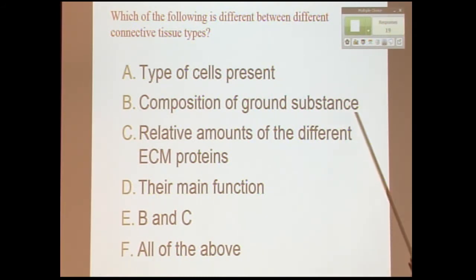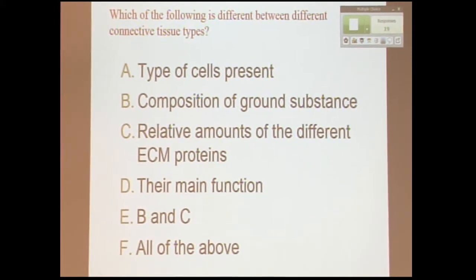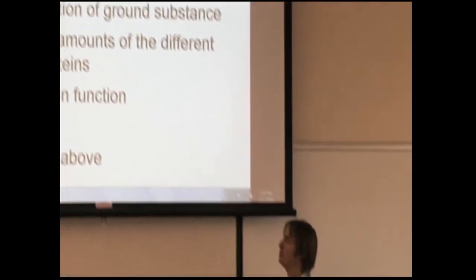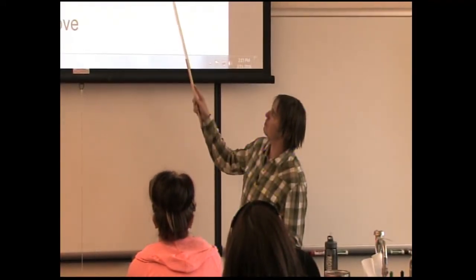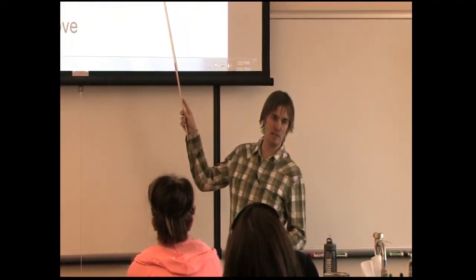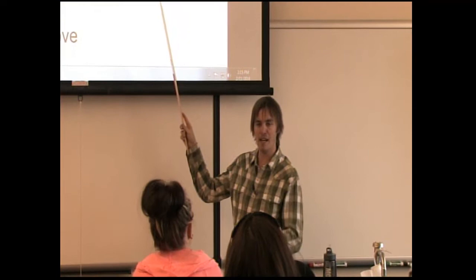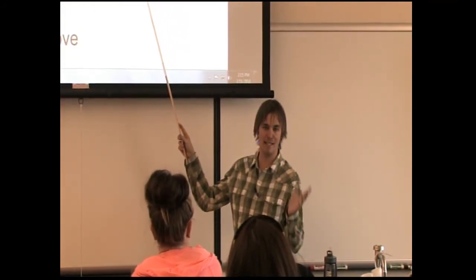The ground substance, that can be different. Could have more water, less water. Technically, bone is mostly ground substance. So is cartilage. Right, but it's like hard mineral calcium salts. Relative amounts of different ECM, that's true. A little collagen, a lot of collagen, a lot of elastin, not very much.